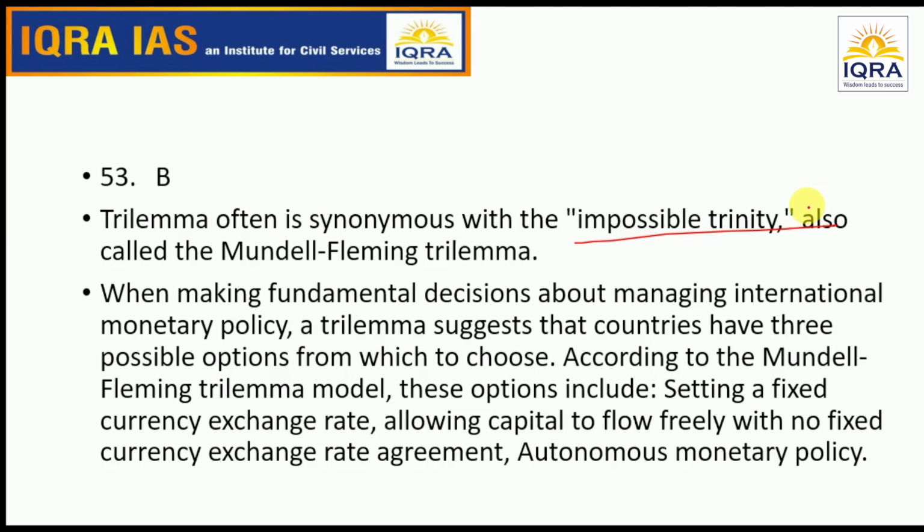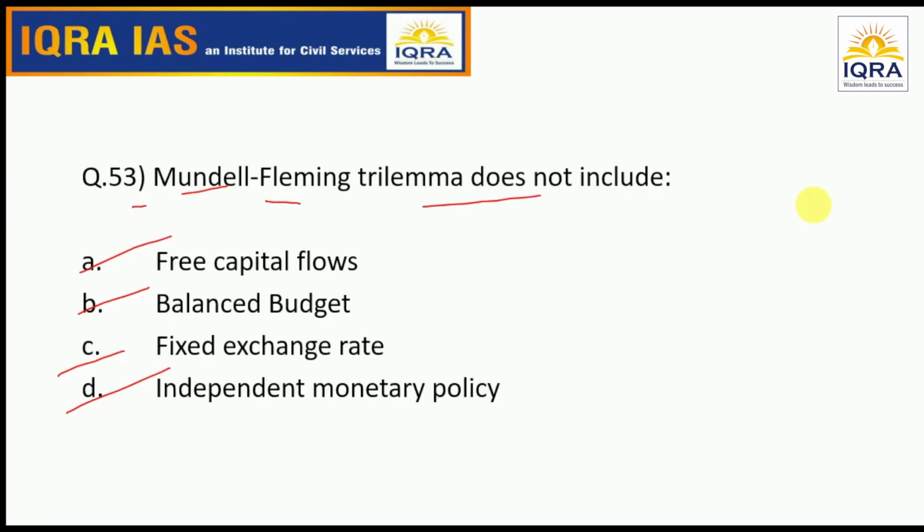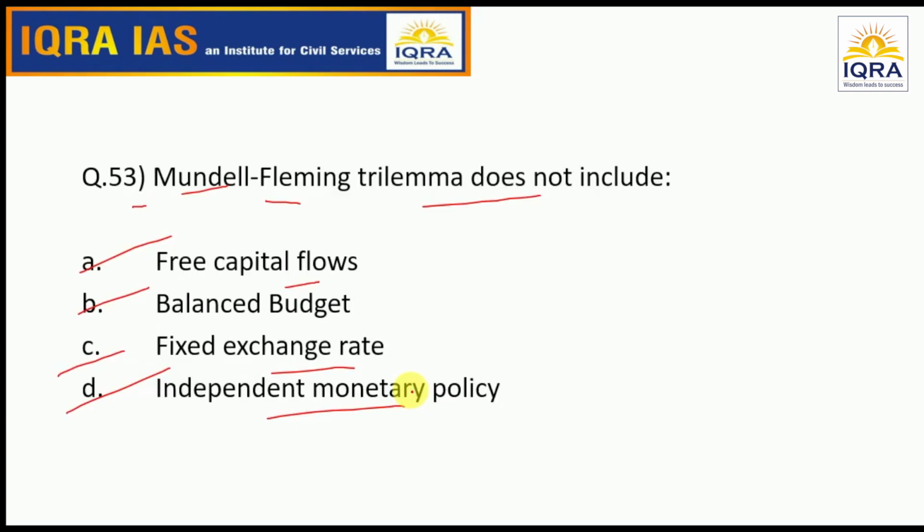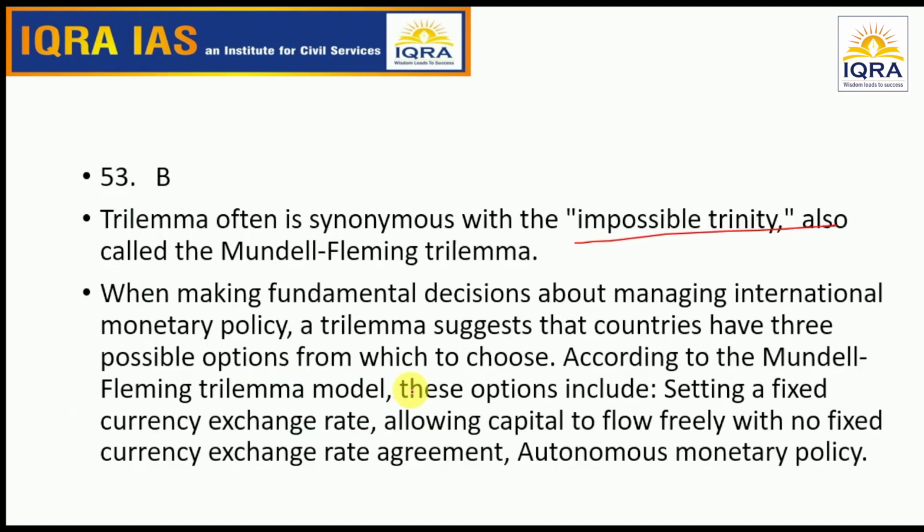So, what are these three options? Setting a fixed currency exchange rate and allowing capital to free flow, with no fixed currency exchange rate agreement and autonomous monetary policy. So this is capital flows they're talking about, fixed exchange rate they're talking about, monetary policy we're talking about. So this was question number 53. Correct answer to this is B, that is balanced budget.